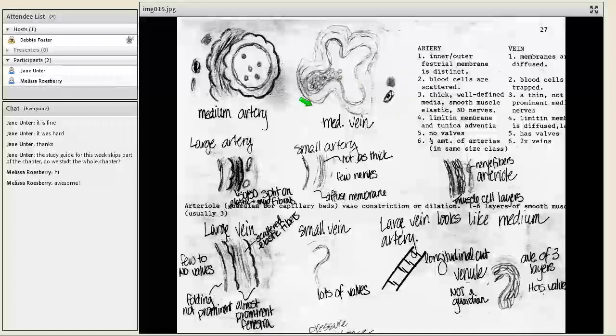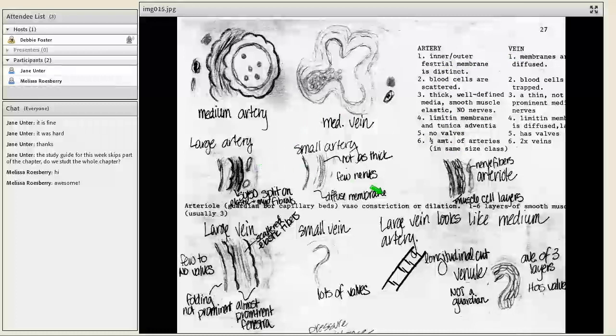But you'll also see that I've drawn a medium vein, very, like I said, folded, and that's not really in here. That was kind of trying to be here, but that's a good difference also.